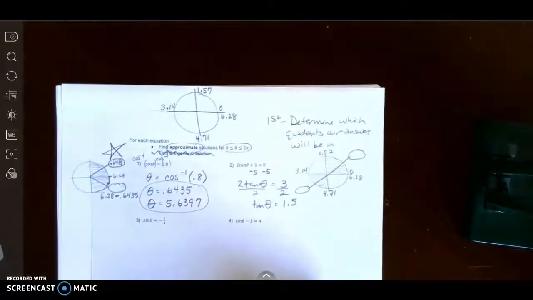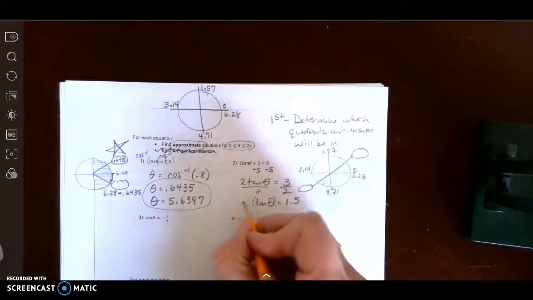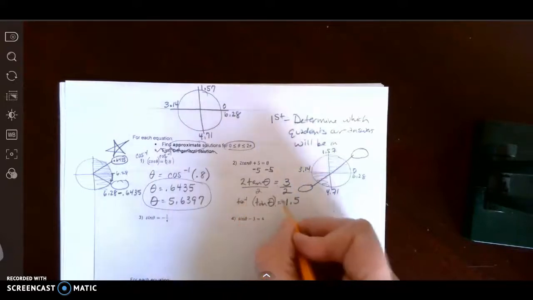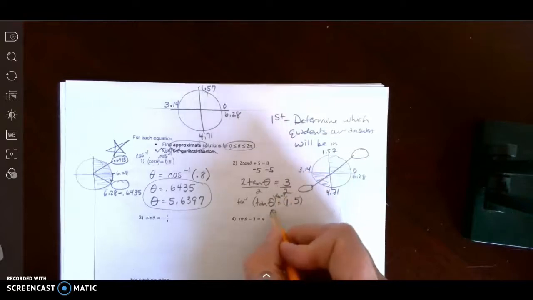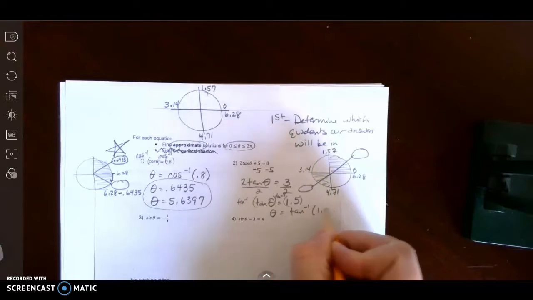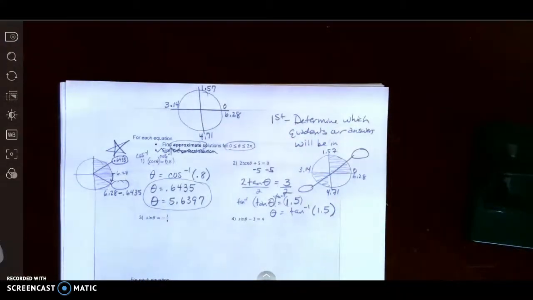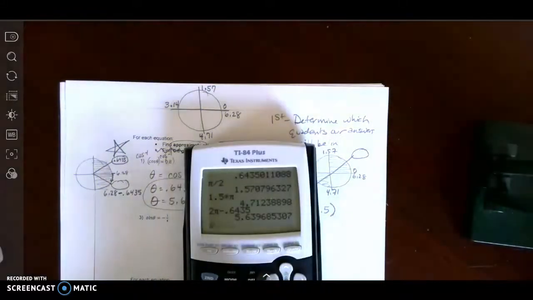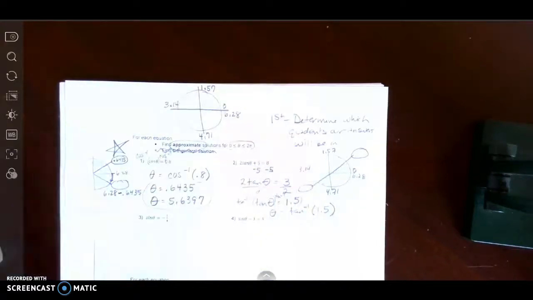And now what I need to figure out is what theta is. So I take the inverse of each side. Theta equals the inverse tangent of 1.5. So let's see what that is. Inverse tangent of 1.5, and I get 0.9828.